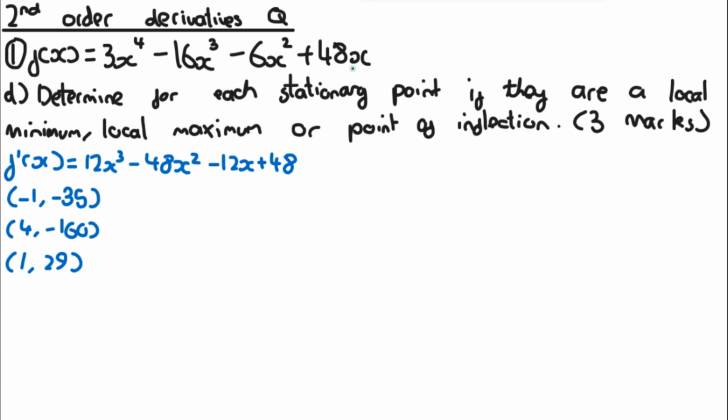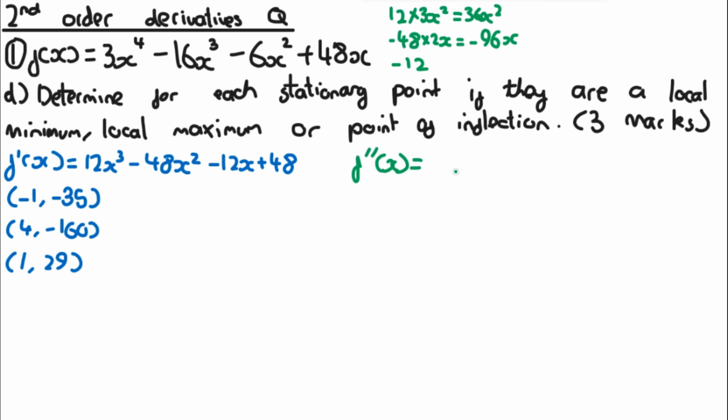So for part D, we need to determine if each stationary point is either a local minimum, local maximum, or point of inflection. Now you could do this by analysing the points around x, but I'm going to do it by the second order derivative. We do each of the terms individually, so 12x^3 is going to be 12 times 3x^2, which is equal to 36x^2, -48x^2 is going to be -48 times 2x, which is equal to -96x, and then -12x is going to be equal to -12, and then the 48 just goes away.